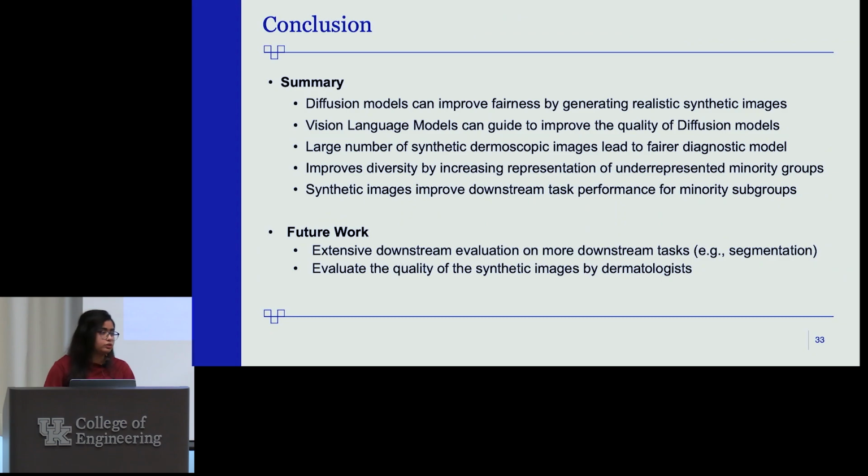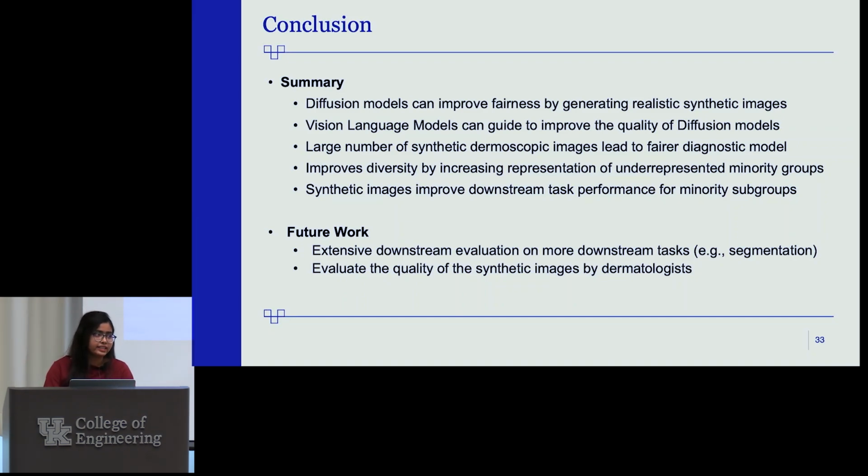So if I conclude my work today, the diffusion model can improve fairness by generating realistic synthetic images, and by using the large vision language model, it can improve the quality of synthetic images.